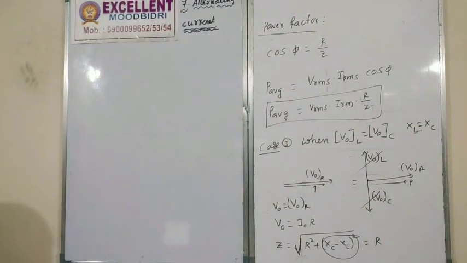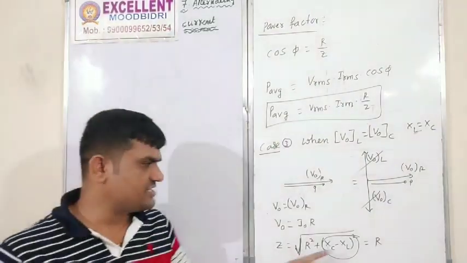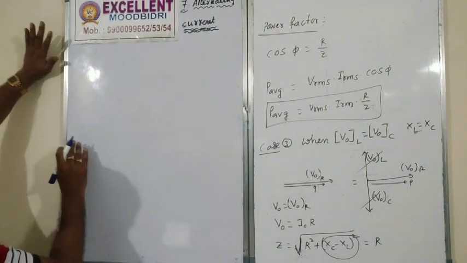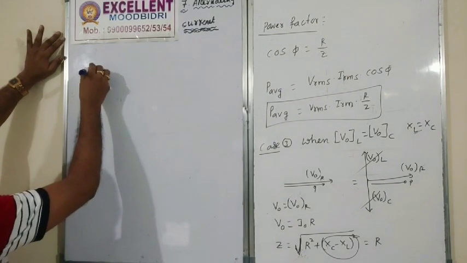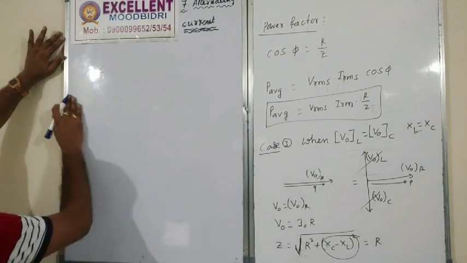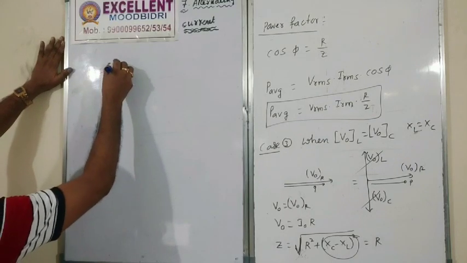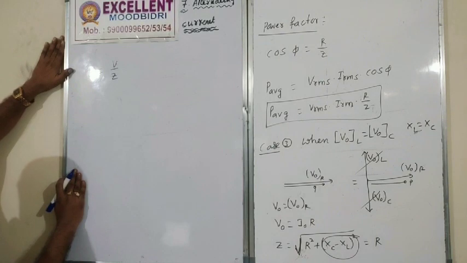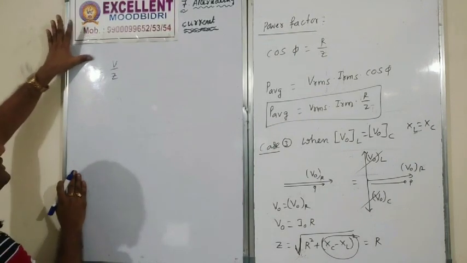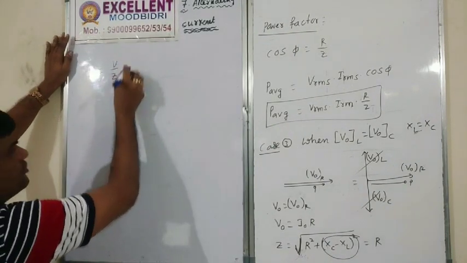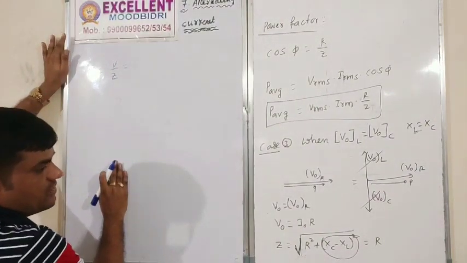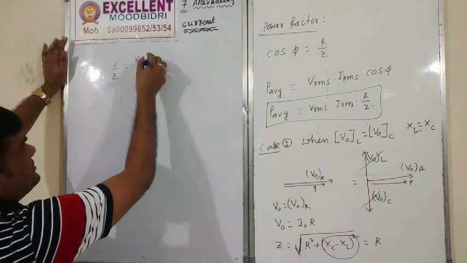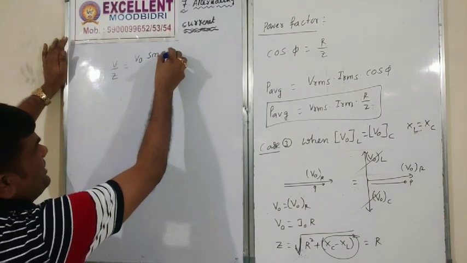So what is the next one? Z is equal to R. Therefore, what is the formula? I is equal to V by Z. Yes or no? V is equal to V naught into sine omega t.